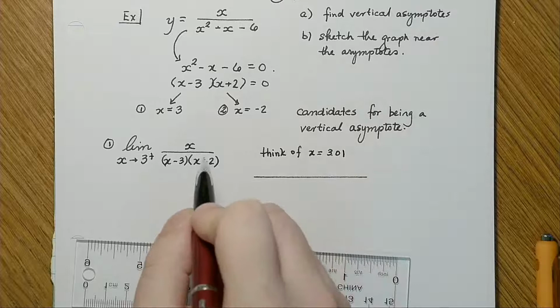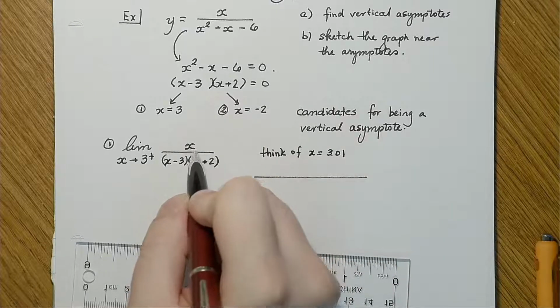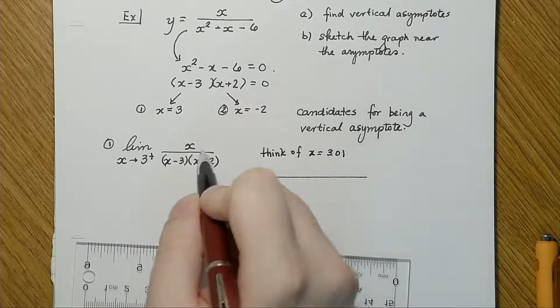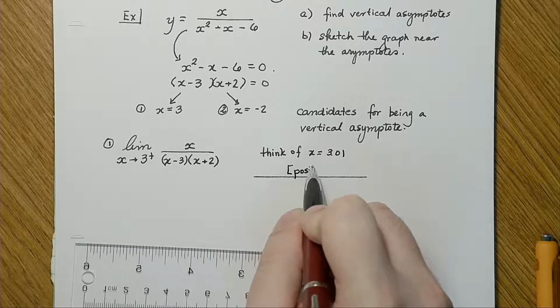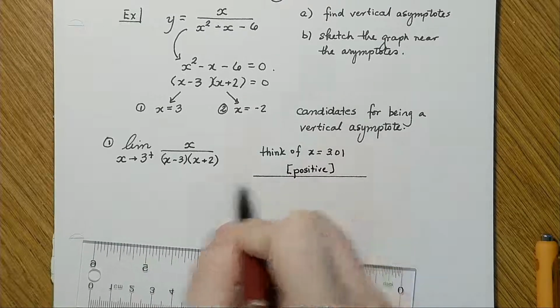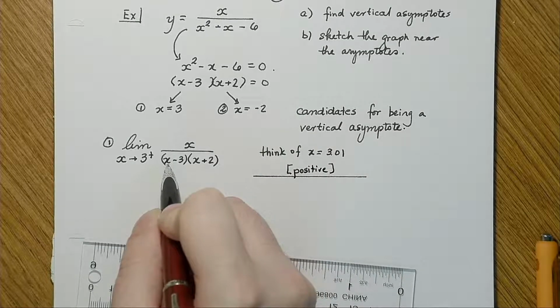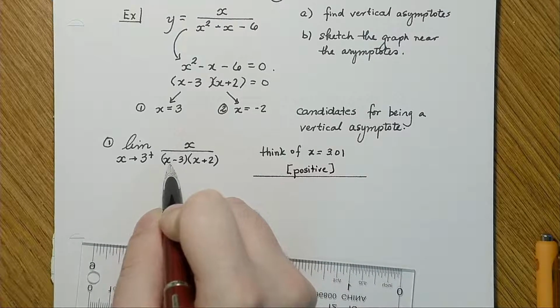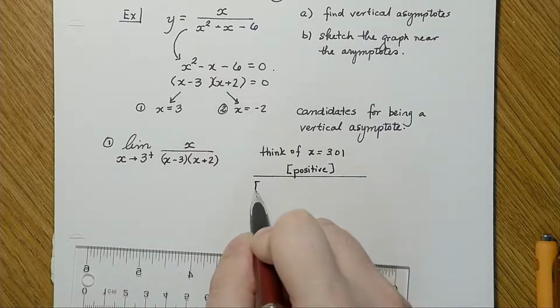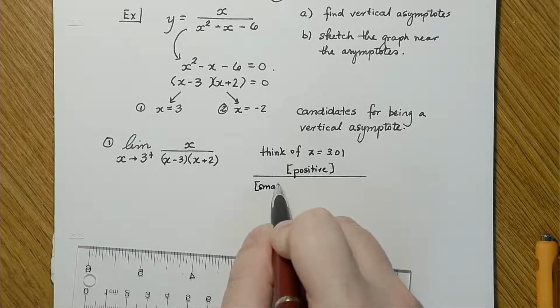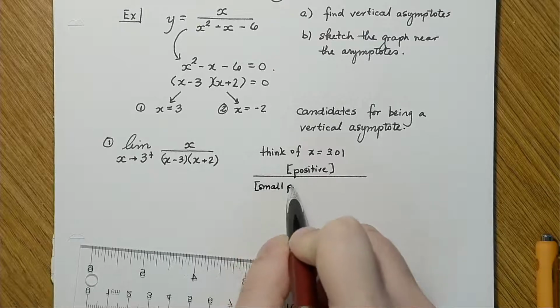So what does that mean? If I put 3.01 here, that's a positive number. If I put it in here, that's 3.01 minus 3, so it's like 0.01. So that's a fairly small positive number.